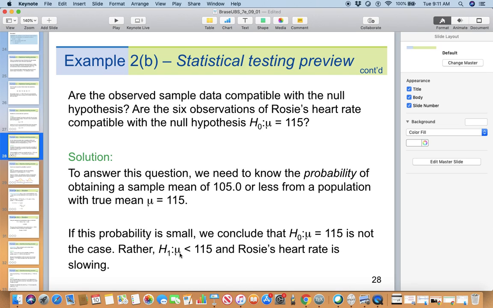Rather, mu less than 115 and Rosie's heart rate is slowing. The point is, if the probability of getting a sample mean of 105 or less is small and yet Rosie was at 105, then you have to conclude that Rosie's heart rate is slowing. So the issue is whether that probability is small or not. So what is small?